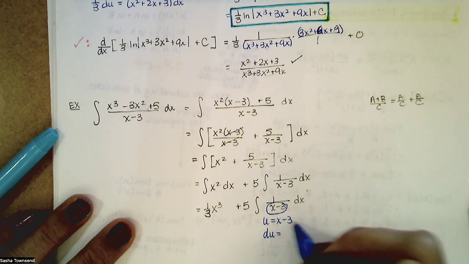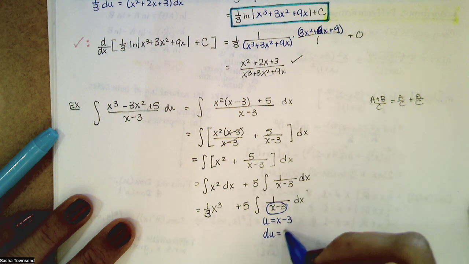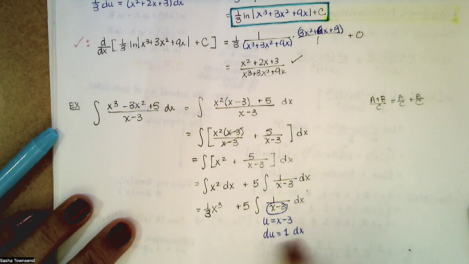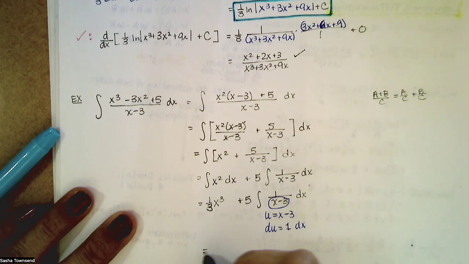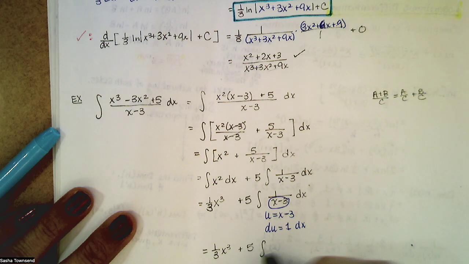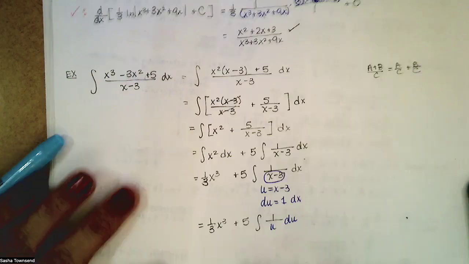And du is the derivative of u with respect to x times dx. Well, the derivative of x minus 3 is just 1. So du and dx happen to be the same thing. So in that case, when we rewrite the integral entirely in terms of u, we get 1 divided by u times du. Then we say, do I have a basic rule for that? And we certainly do.